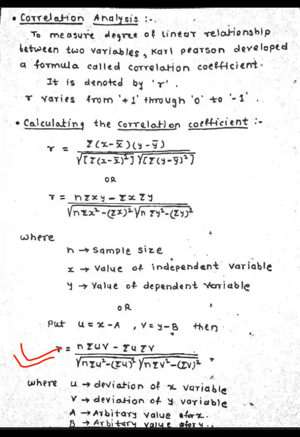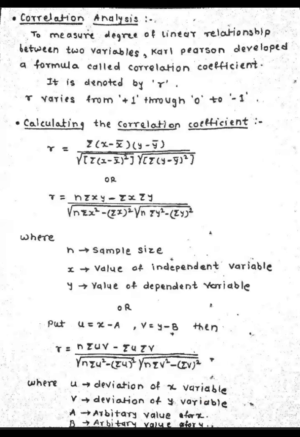It is n into summation of uv minus summation of u summation of v, divided by square root of n into summation of u square minus (summation of u) whole square, into square root of n into summation of v square minus (summation of v) whole square. Here u denotes the deviation of the x variable and v denotes the deviation of the y variable.